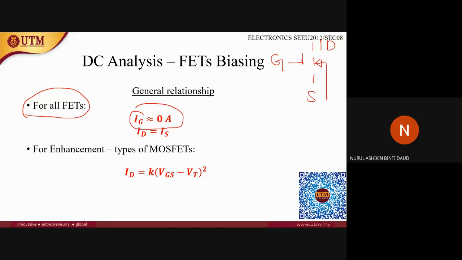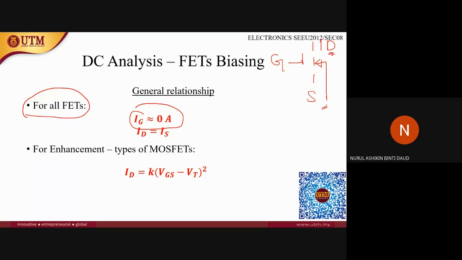So when IG, the current at the gate, is 0 amps, the current at the drain will equal the current at the source.